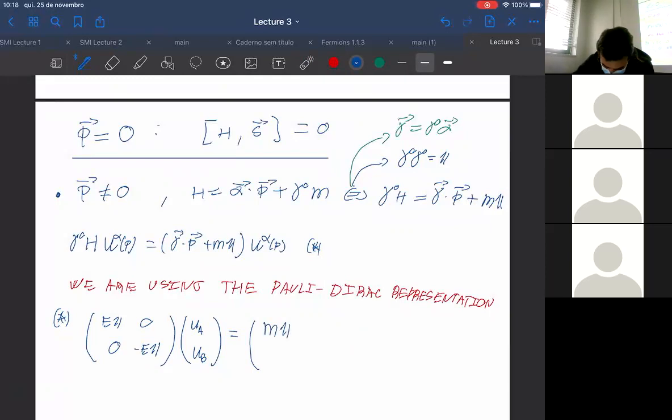Now we have the off-diagonal part, which is sigma dot p and minus sigma dot p. In one of the entries you have sigma times p, but it's minus on the left bottom side. Yes, it's a minus.